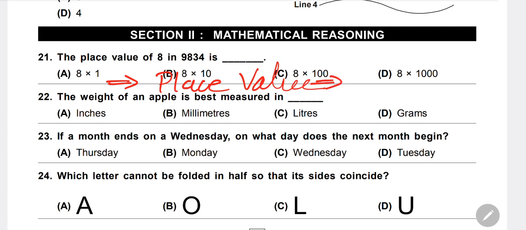Actually, we have numbers of one digit. It may be 1, it may be 2, it may be 3. These are one digit numbers because they have only one place.